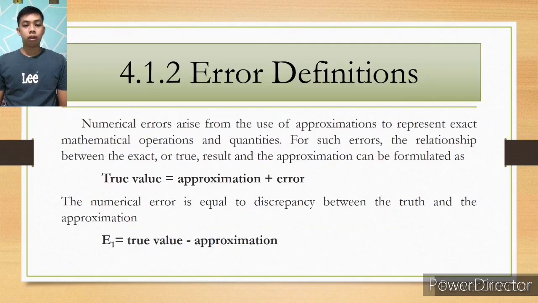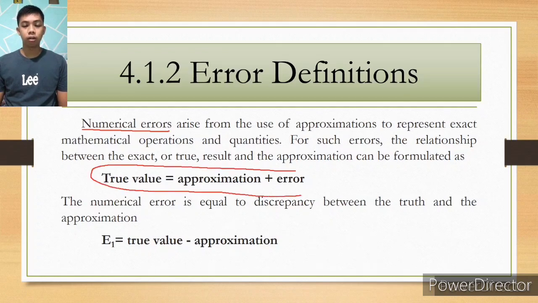Next, numerical error arises from the use of approximations to represent exact mathematical operations and quantities. For such errors, the relationship between the exact or true result and the approximation can be formulated as: true value equals approximation plus error.